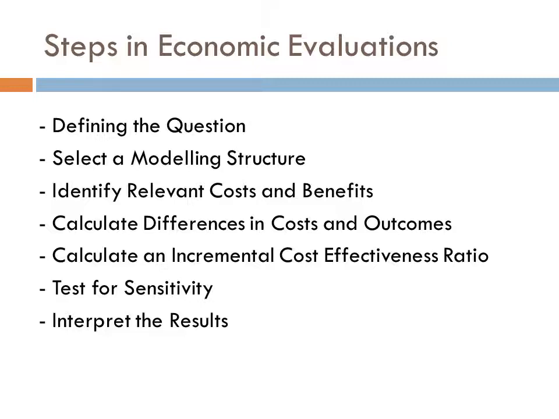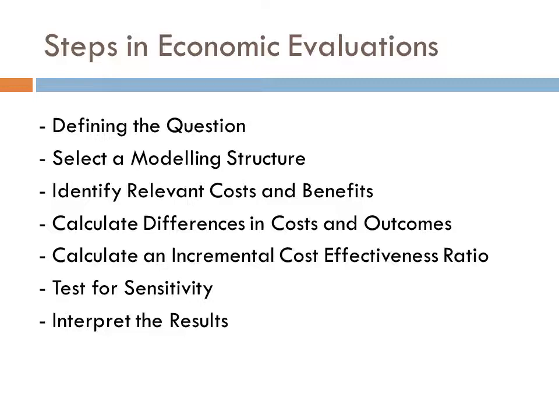And then you'd need to identify the relevant costs and benefits or outcomes, and use the costs and benefits that you've identified to calculate the differences in alternatives, and to finally calculate an incremental cost effectiveness ratio, which is the central output of the economic evaluation. As with all research, there'll be some level of uncertainty around the results you get.